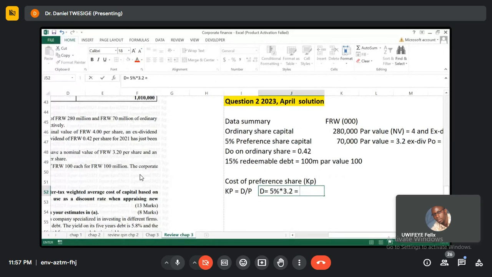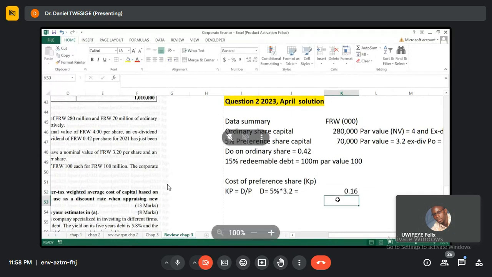So we have D, which is 5% times 3.2. Okay, let me look at the paper and copy the data. But I think now you can compute this.